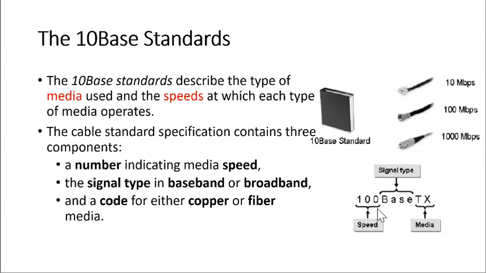In this example, we have 100, that means this particular cable is operating at 100 Mbps, that means 100 megabits of data is transferred per second. Then the signal type used is baseband, and TX is the code. Let us see what it means.